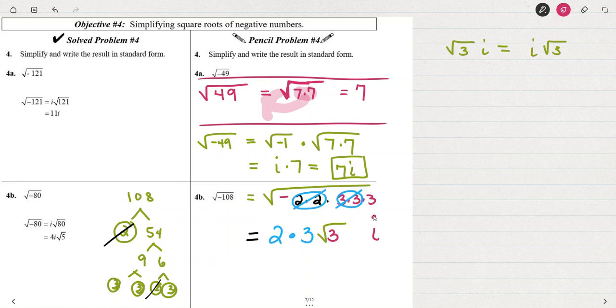Again, a better way to write that is to put this i up in front. So it would look like this. 2 times 3 is 6. So I'd say 6i times the square root of 3, just moving that i in front of the radical. And that's how I could simplify the square root of negative 108.